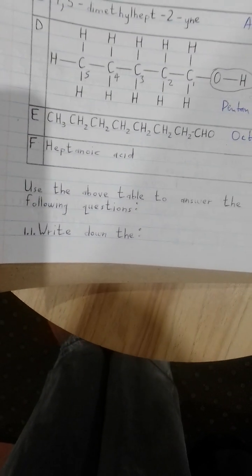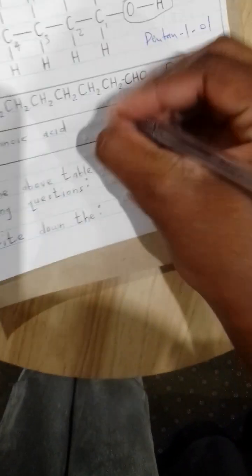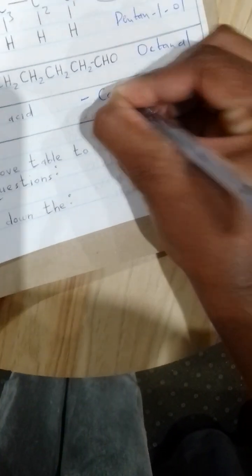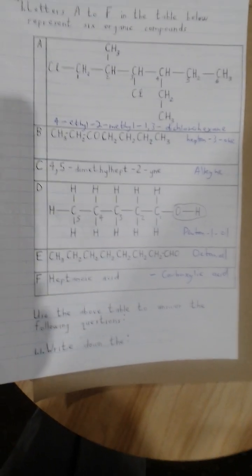So this is octanal. It's an aldehyde. Compound F, heptanoic acid. Heptanoic acid is a carboxylic acid. Okay, I hope that's clear enough.